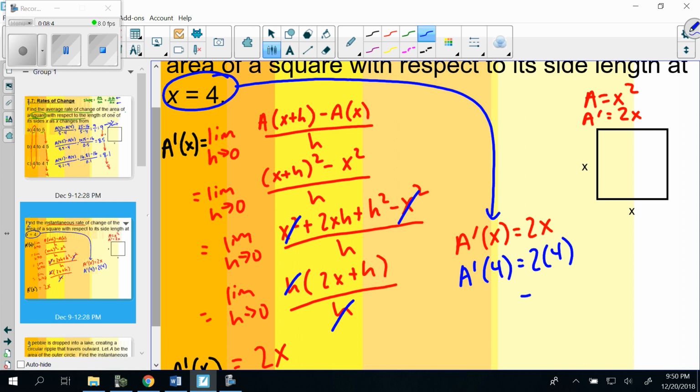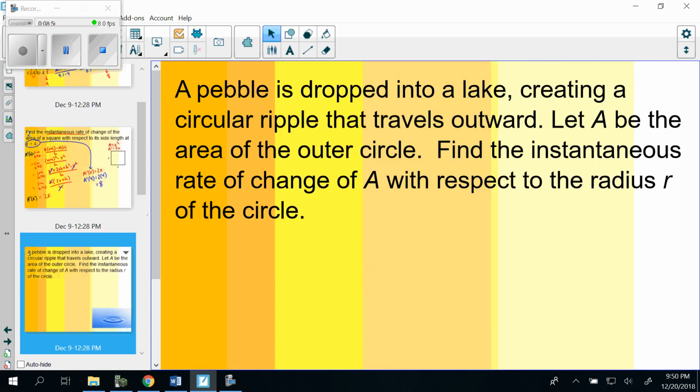And it would equal 8, meaning the area is changing at 8 times the side length as the side length grows. So rates of change tell you how fast something is changing with respect to something else. All right, our next problem.